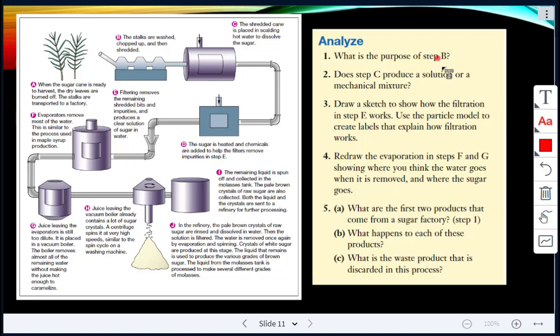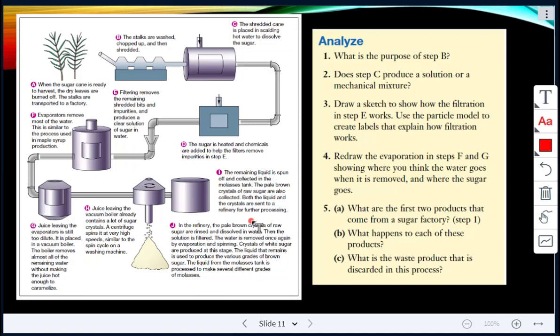Question number 2, how does step C produce a solution or a mechanical mixture? In step C, the shredded cane is placed in scalding hot water to dissolve the sugar. So if it's being dissolved, is that a solution or is that a mechanical mixture?